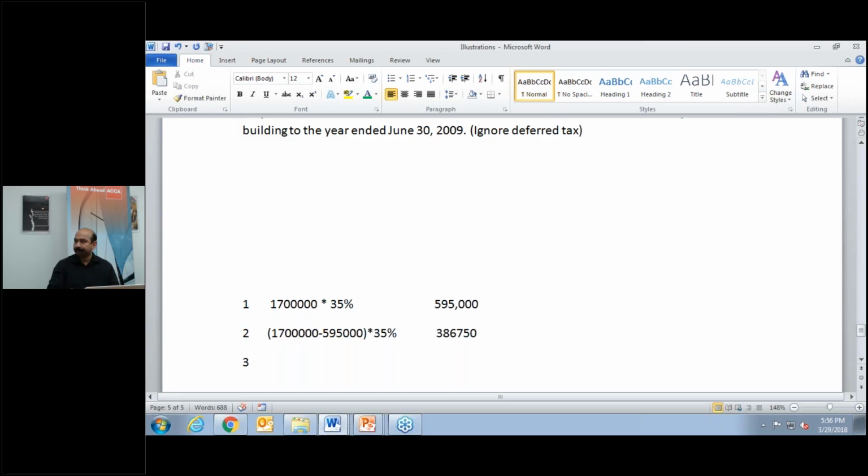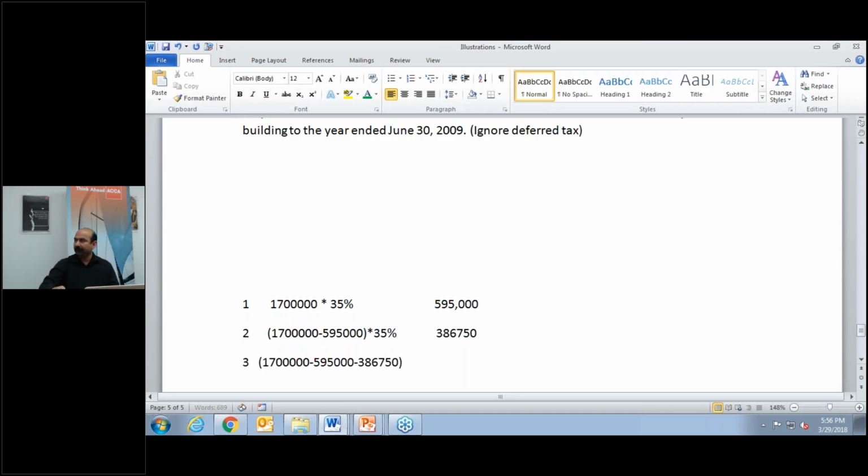Then I want the net book value at the end of the second year, which can be calculated by this formula: 1,700 minus 595 minus 386. This will give me the net book value at the end of the second year, 719,750.